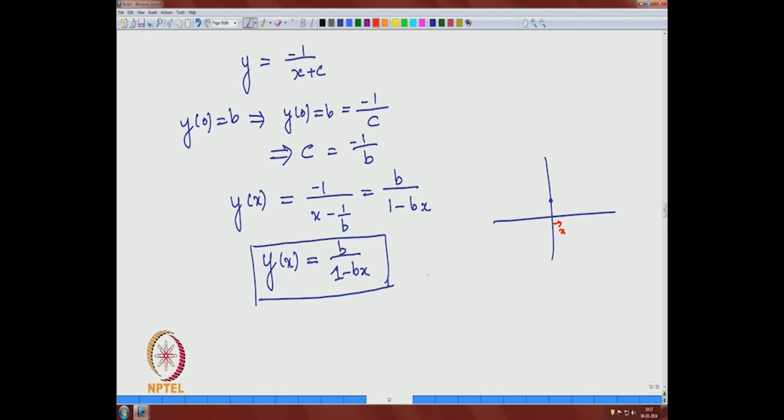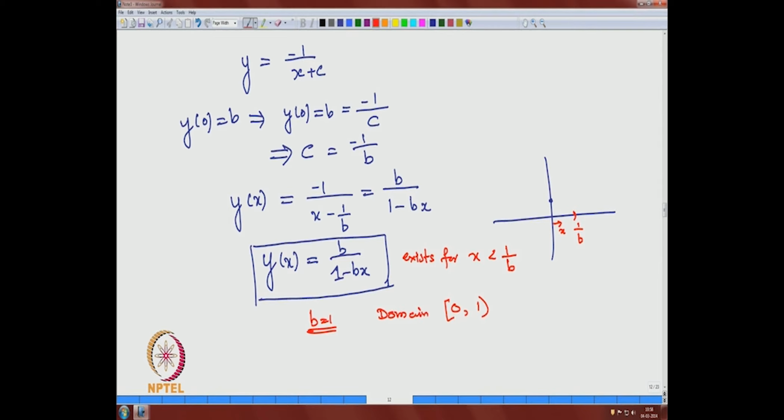So therefore, the solution exists for x strictly less than 1 by b. If b is 1, then 1 by b is 1. So this is 0 to 1. So for example, b is equal to 1, then the solution exists. The domain of solution is 0 to 1.